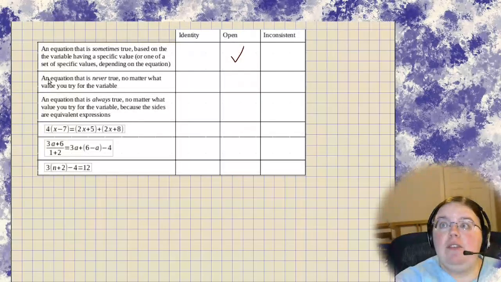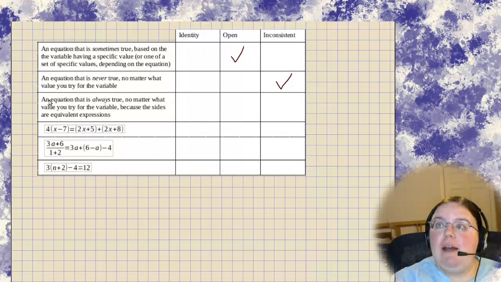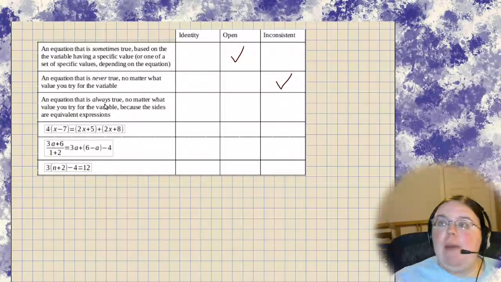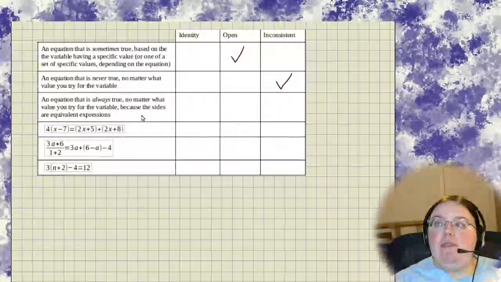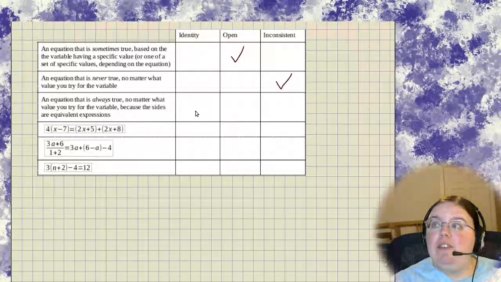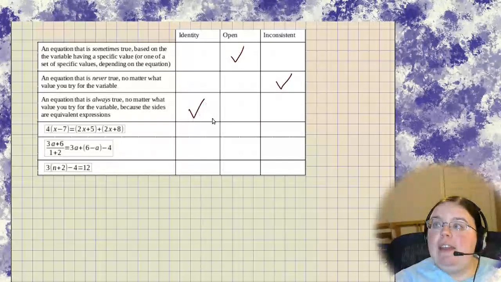You can also set up an equation so that it's never true, no matter what value you try for the variable. Those are called inconsistent equations because the two sides of the equation are inconsistent with each other. It's also possible to set up an equation so that it's always true, no matter what value you try for the variable, because the two sides of the equation are equivalent expressions, and those are called identities.